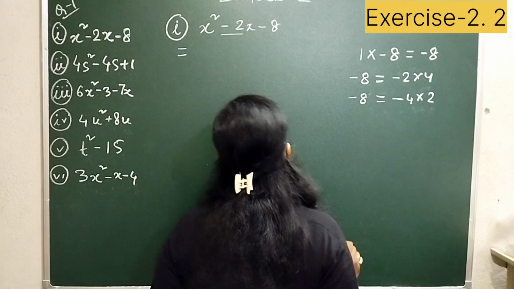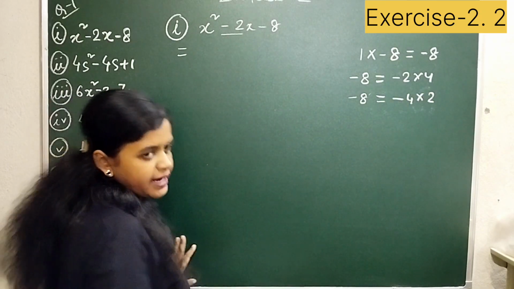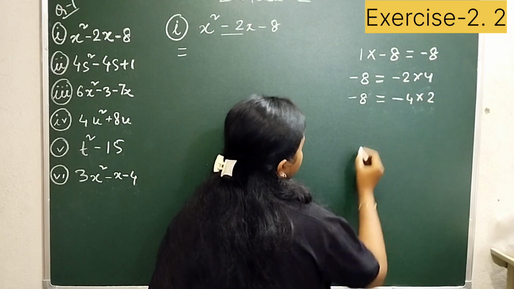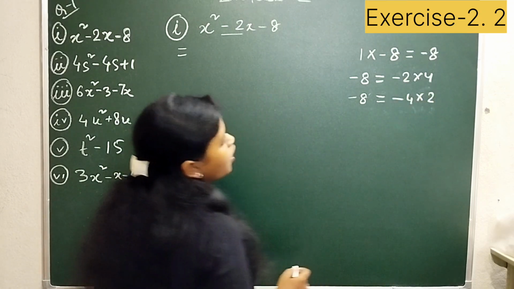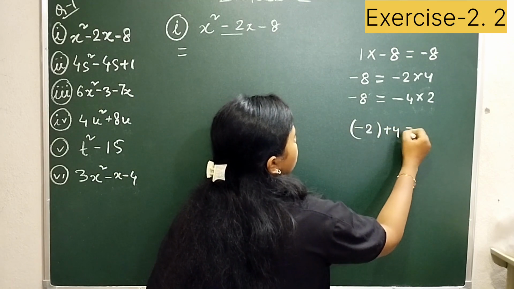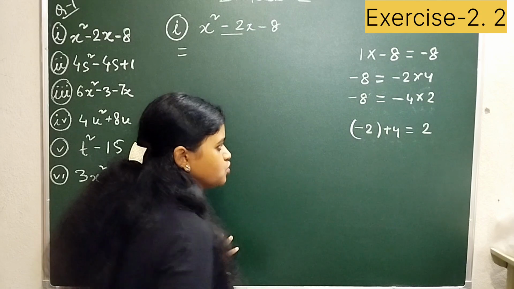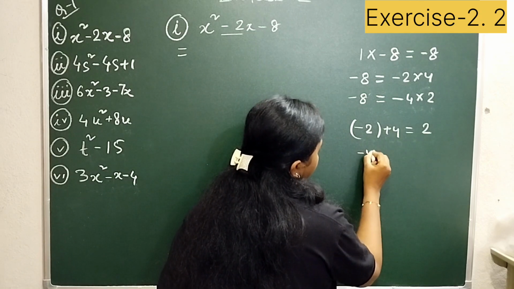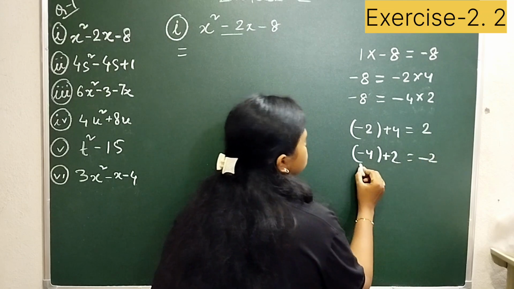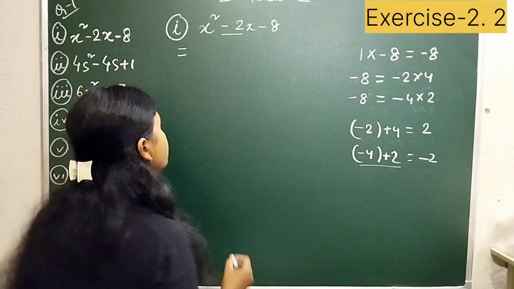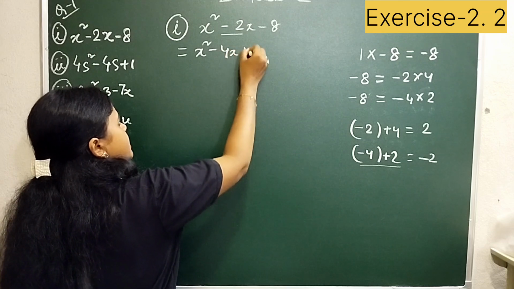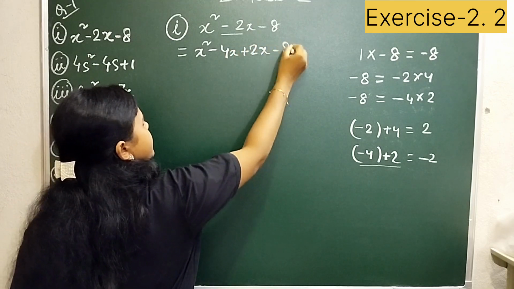If I add minus 2 and plus 4, we get plus 2. But if I add minus 4 and plus 2, we get minus 2. So we choose this pair, and we write x square minus 4x plus 2x minus 8.